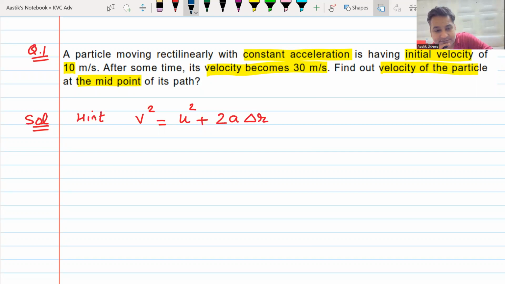Do we understand this? Please raise your hands and let me know that we understand this, that we have to use this equation.